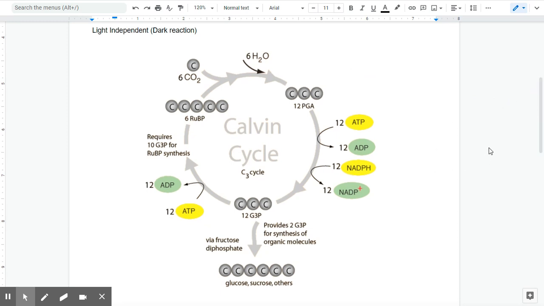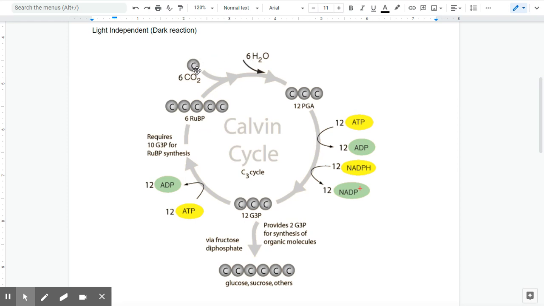We're going to start right up here in the top corner where we take carbon dioxide and some water and we put it into this huge cycle which has several different reactions in it that build upon themselves, but I'm not going to go over each of those reactions. Just know that this is a bunch of reactions happening in that area of the inside of the chloroplast.